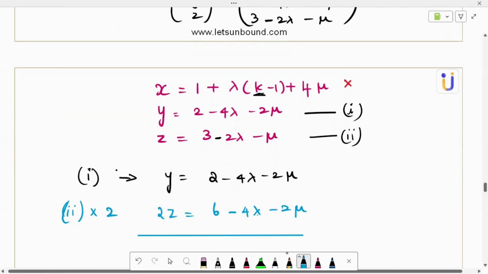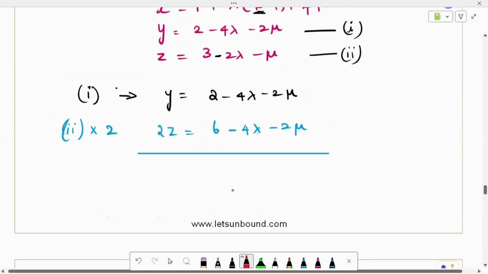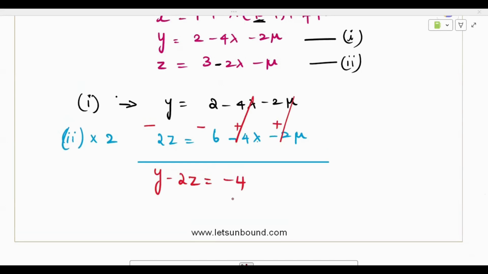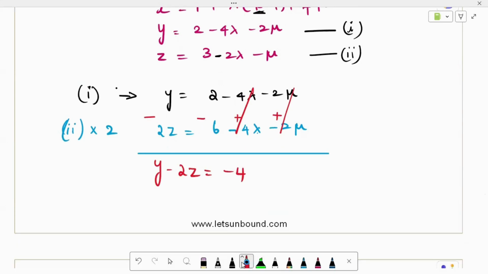Then I want to remove mu and lambda, right? They have the same terms, only the sign is different. So I'm going to subtract, changing the sign of every term. So minus 4 lambda plus 4 lambda cancels, and mu cancels. And I got y minus 2z equal to minus 4. Right? So this is the required plane equation. x is 0, so the plane is parallel to the x axis.